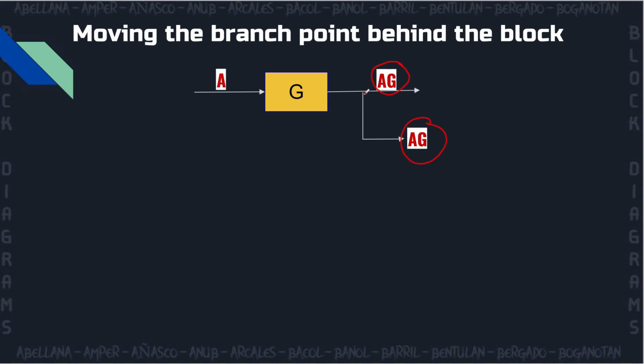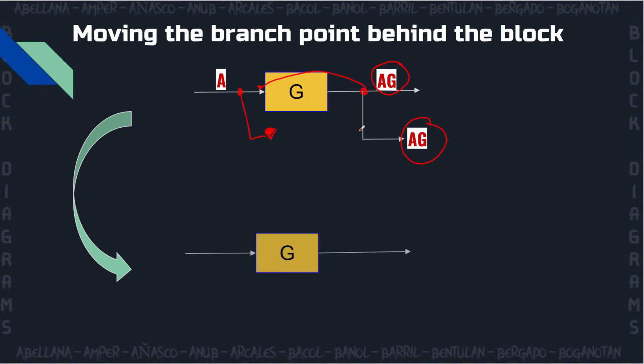Now, if you want to move the branch point behind the block, so you want to move the branch point right here, this is the rule. Just copy everything except the branch point, since the branch point will be the only thing that will be moved.